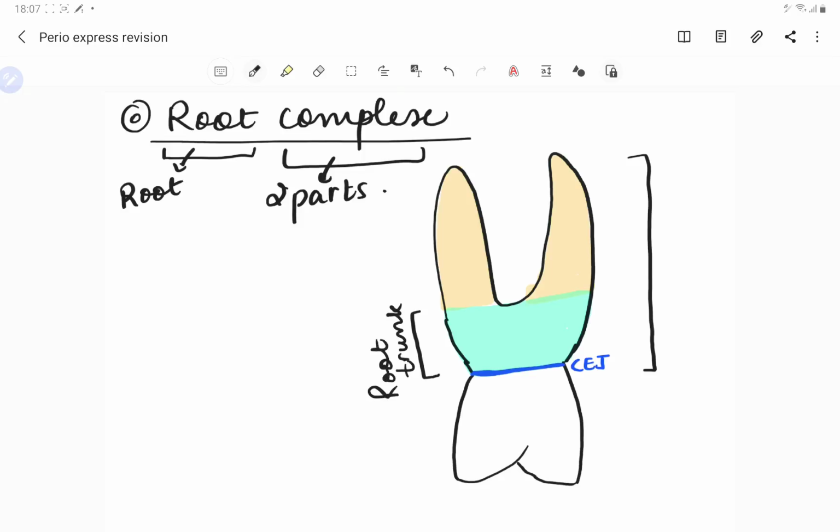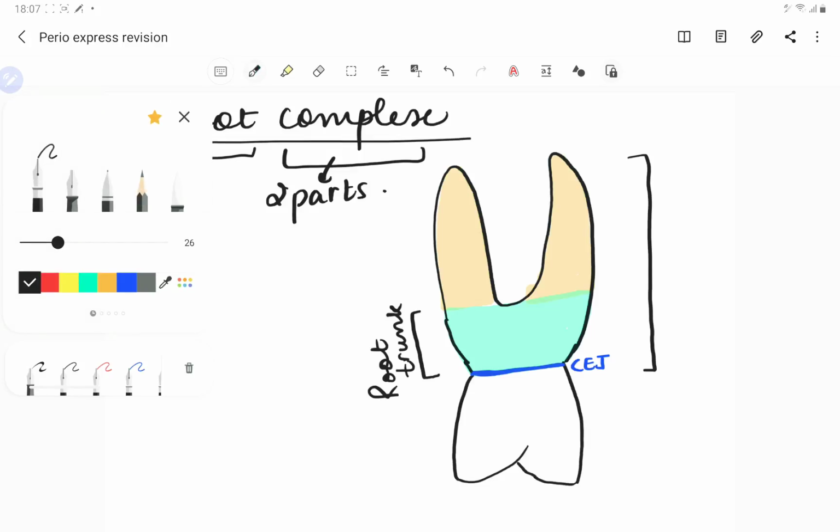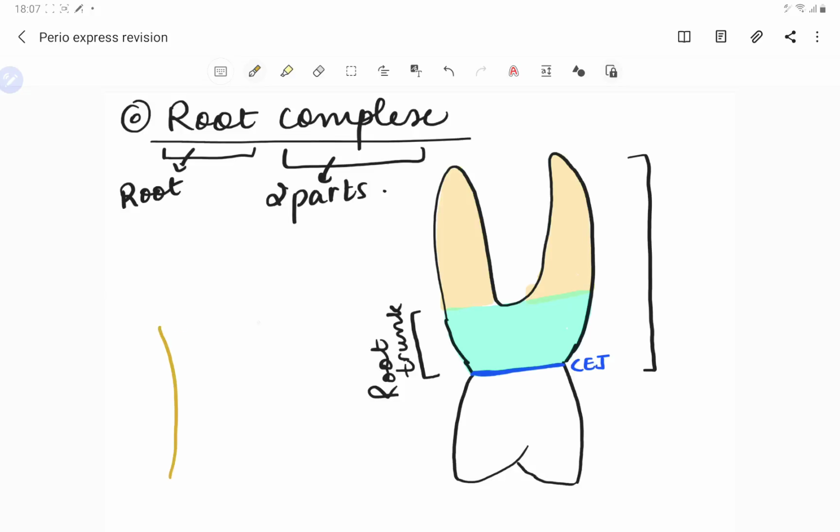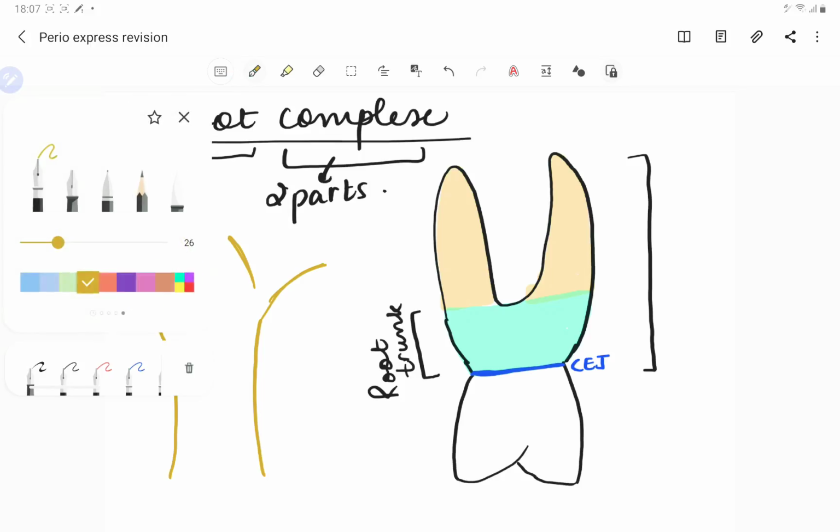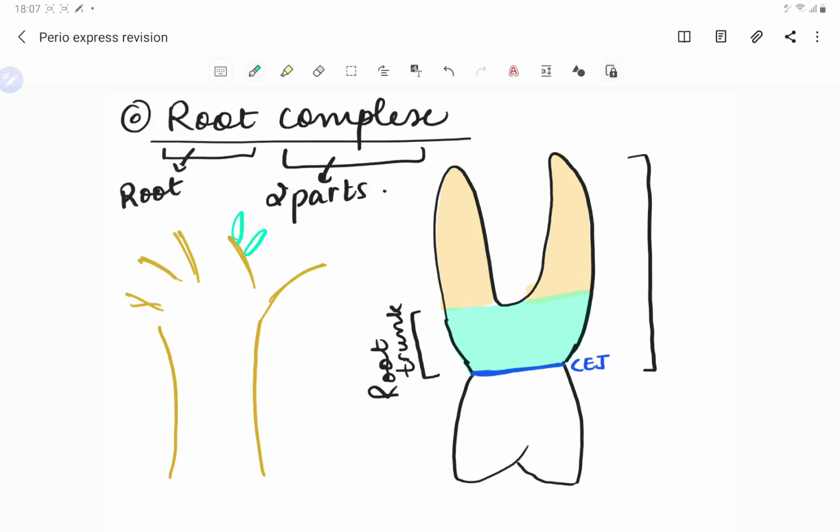If you have at any time in your childhood drawn a picture of a tree, how do we make a tree? First of all, we make a trunk and then we make these branches. And on these branches, we make these leaves, right? This is how, guys, we have always made this diagram. And if you remember, in biology we talked about the trunk of a tree or the trunk of a plant.